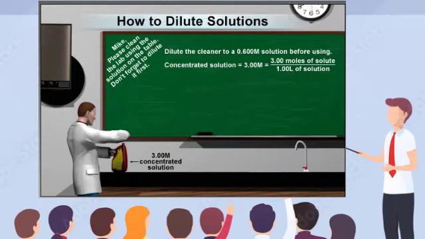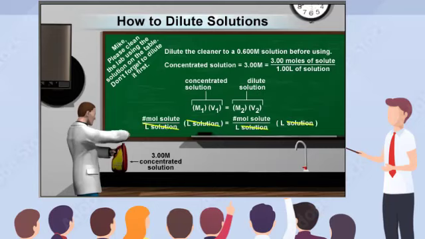Since the moles of solute do not change when making dilutions, you can use the equation M1 times V1 equals M2 times V2 to relate the molarity and volume of a concentrated solution to the molarity and volume of a desired diluted solution.